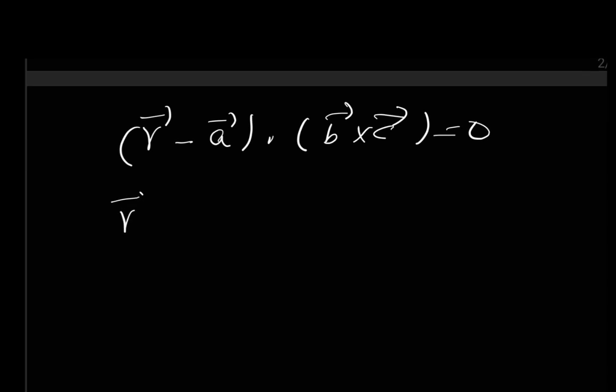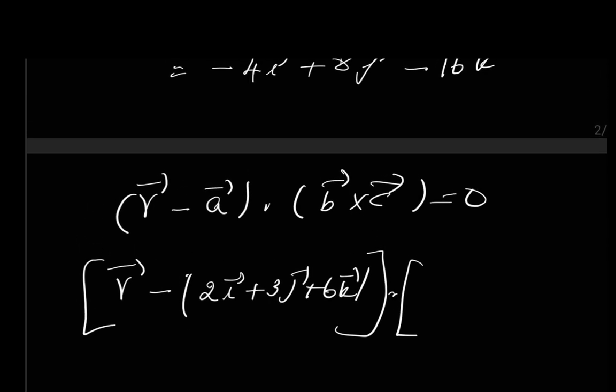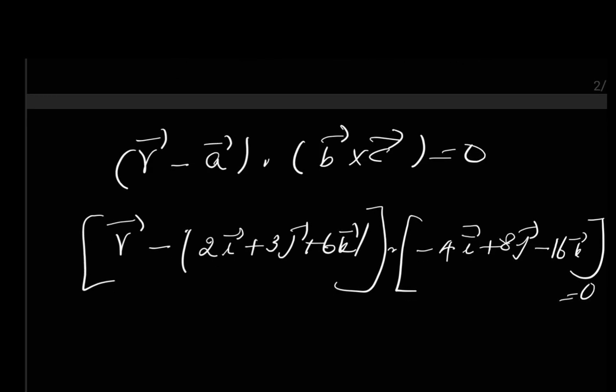Write vector r as it is, minus vector a, which is 2i plus 3j plus 6k, dot minus 4i plus 8j minus 16k, equals 0.